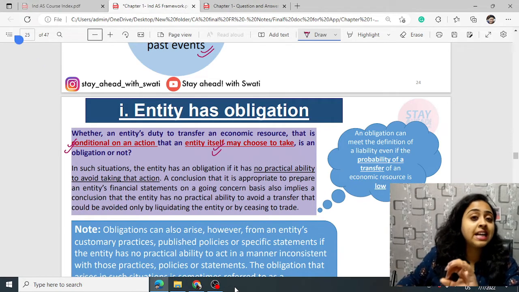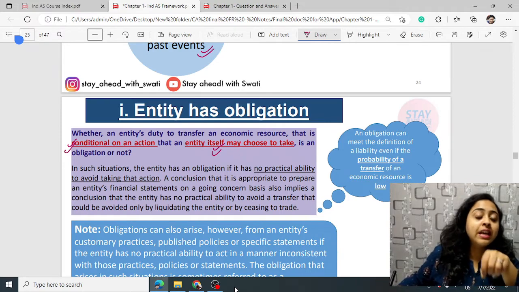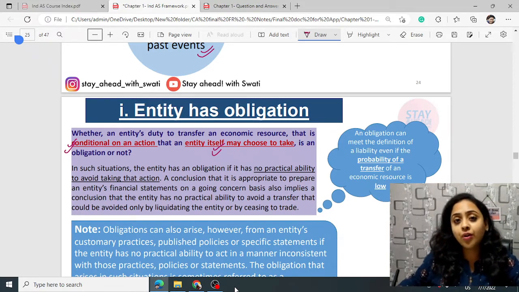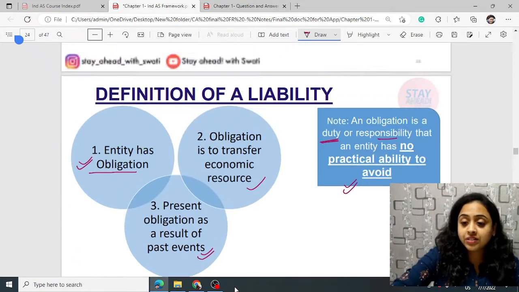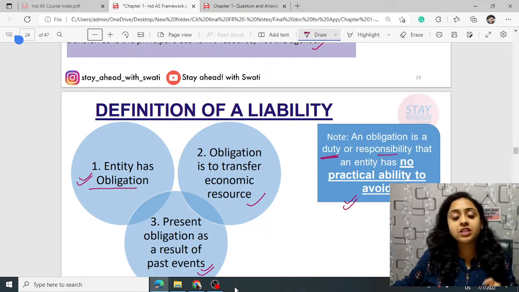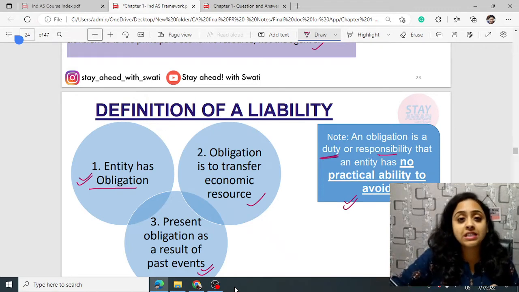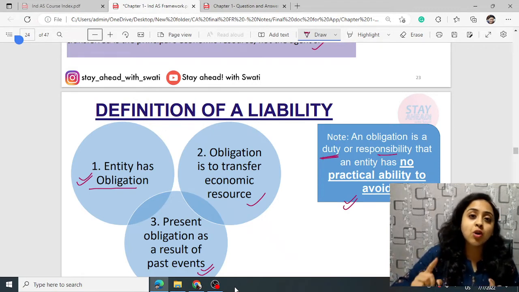If the entity has an option, and it depends on that option whether they have an obligation or not. See what we have read just now, that the entity should not have any practical ability or capacity to refuse or avoid such an obligation, such a transfer of economic resource. Then only it will be termed as an obligation. If they have an option, it will not be termed as an obligation.